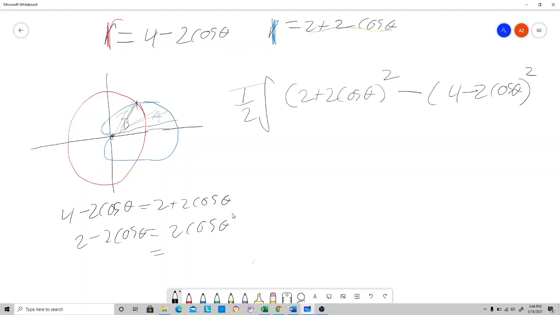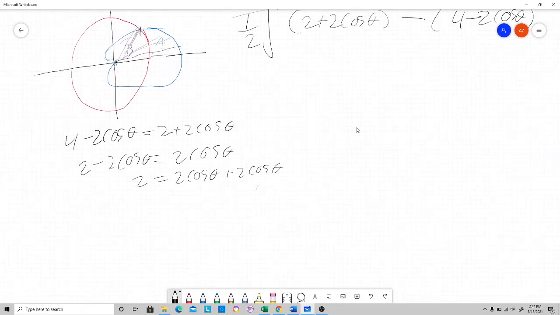Bring this to the other side, so it'll be 2 cosine theta plus 2 cosine theta equals 2. Then we combine these two cosines, so it's 4 cosine theta equals 2, and solving for that, cosine theta equals 1/2.